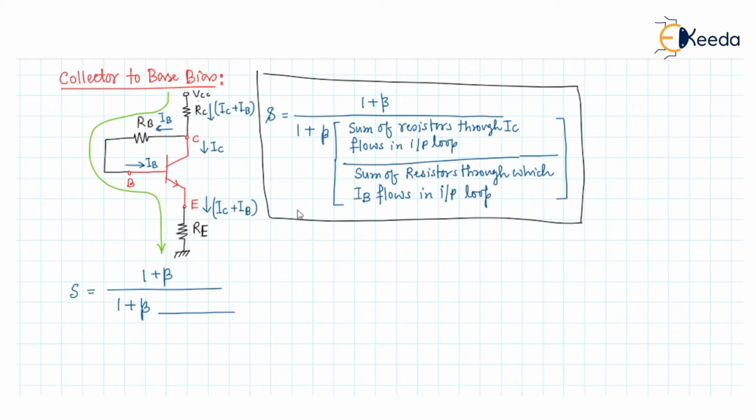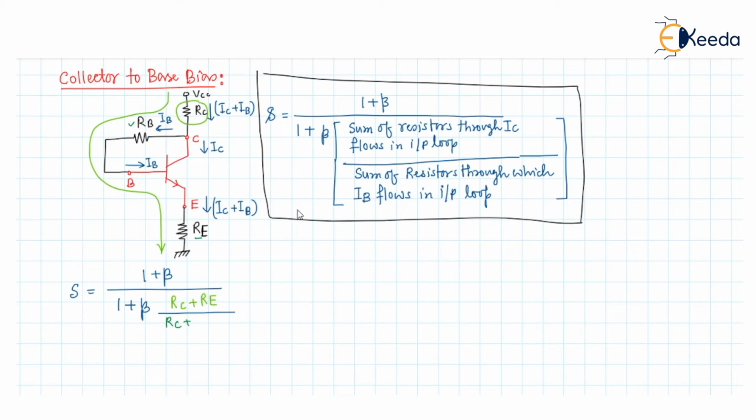IC current is flowing through the RC resistor and also the RE resistor, so it will be RC plus RE. Similarly, the resistors through which IB current is flowing in the input loop are the RB resistor, the RE resistor, and also the RC resistor.